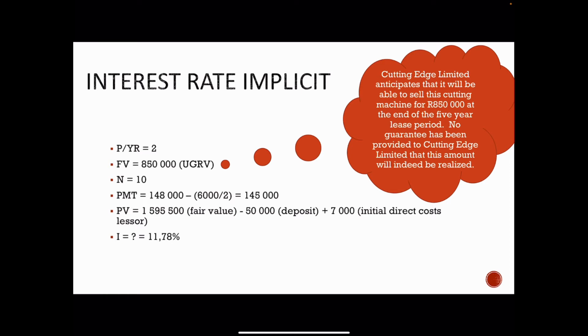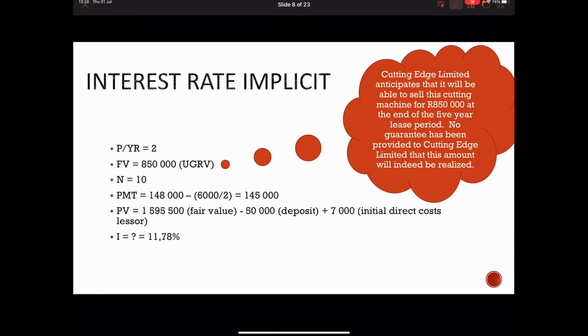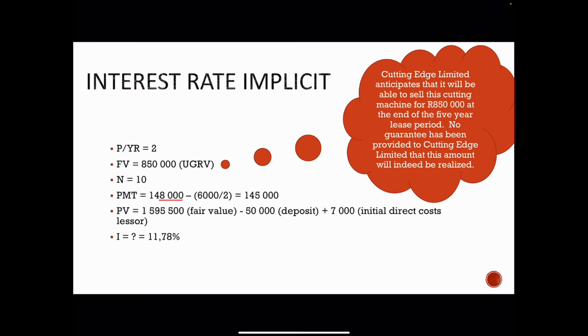So we know that this 148,000 consists of the non-lease component and the lease component, and we should go and remove the non-lease component. They tell you that the maintenance cost has a standalone price of 6,000 Rand per year.